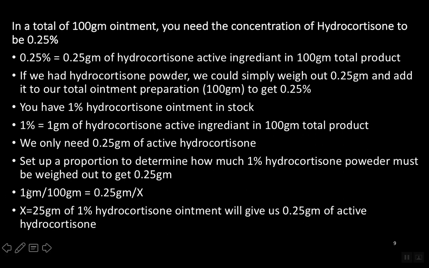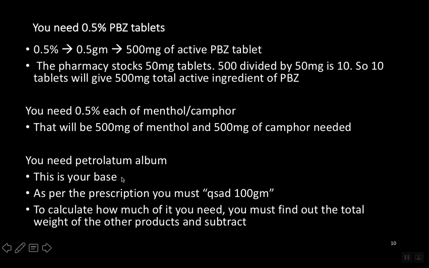When you set up the proportion, you get that for every 25 grams of this 1% hydrocortisone ointment, 0.25 grams of active hydrocortisone is in there. So in this case, you'll weigh out 25 grams of the 1% hydrocortisone ointment and put it to the side, because that 25 grams has the 0.25 grams of hydrocortisone that you need. I hope this makes sense.